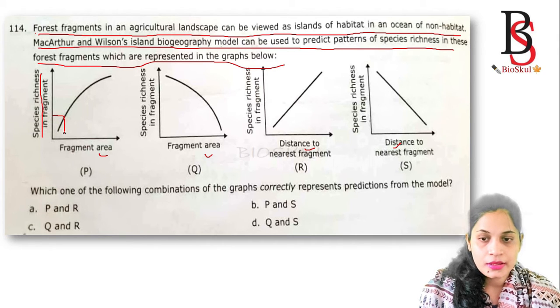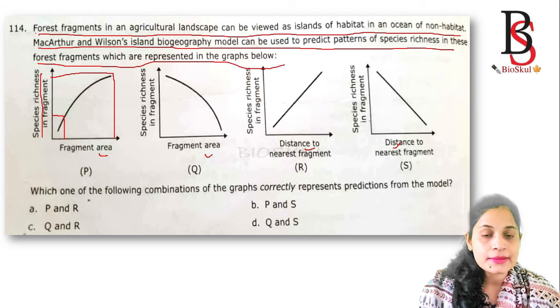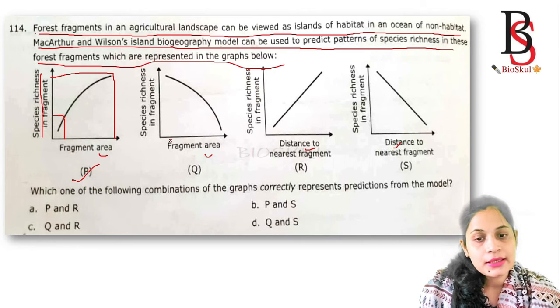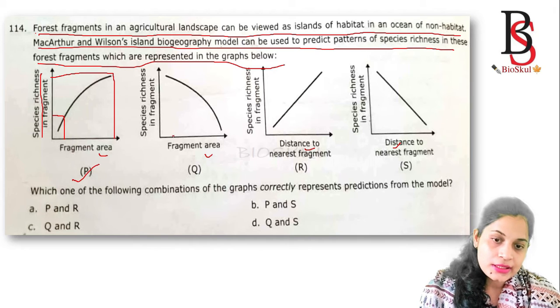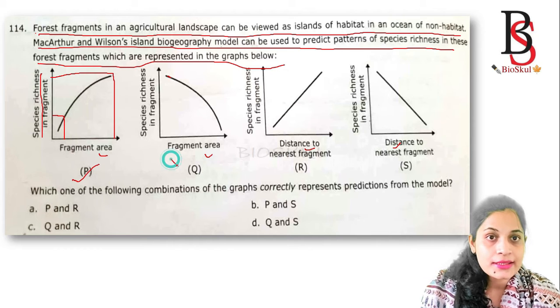Here the area is smaller and the species richness is smaller; as the area increases, the species richness also increases. So this one is correct. Let's see Q. Here you can see that as the area increases, the species richness gradually decreases. So this one is wrong.